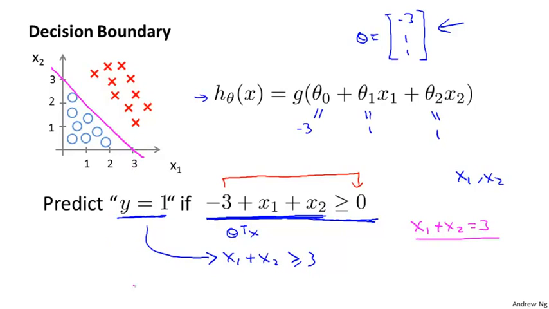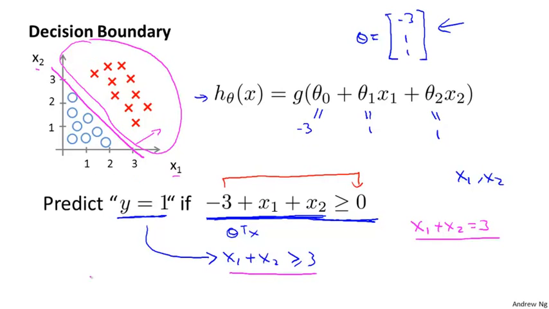So the part of the input space, the part of the x1, x2 plane that corresponds to when x1 plus x2 is greater than or equal to 3, that's going to be this right half plane. That is everything to the upper right portion of this magenta line that I just drew. And so the region where our hypothesis will predict y equals 1 is really this huge region, this half space over to the upper right.